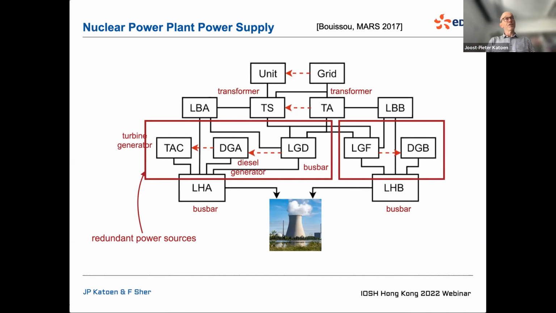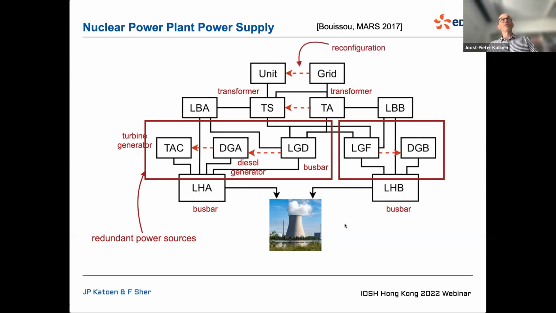And even, for instance, for the LHA on the left, you see that standardly it uses the LGD, which is another bus bar, as power supply. But if that fails, and that's indicated by this red dashed arrow, then actually the diesel generator will take over. And if that also fails, then there is even a turbine generator. So there are three different power sources. On the right, you see that they only have two possible power sources.